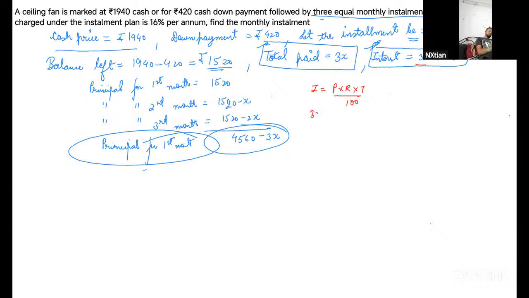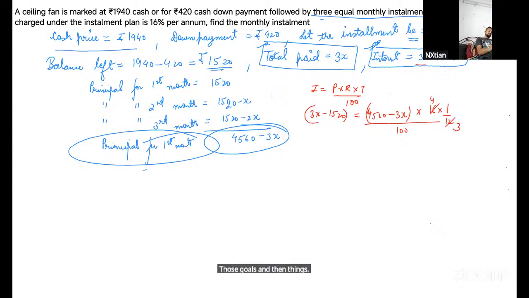So it will become 3x minus 1520 is equal to P, the principal. What is the principal? The principal is 4560 minus 3x into 16 into 1/12 upon 100. The 4 and then 3, so we can do this thing, which is easier for us.